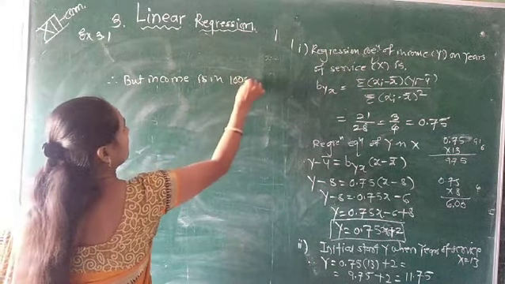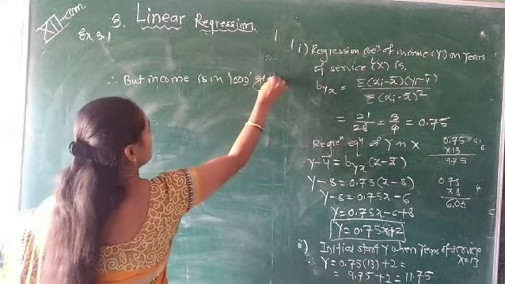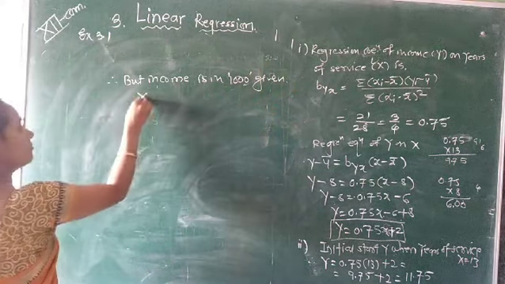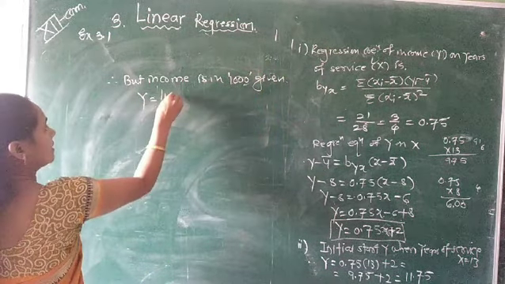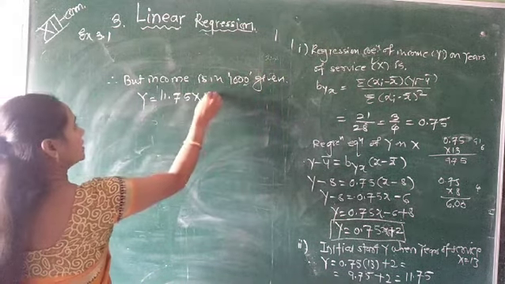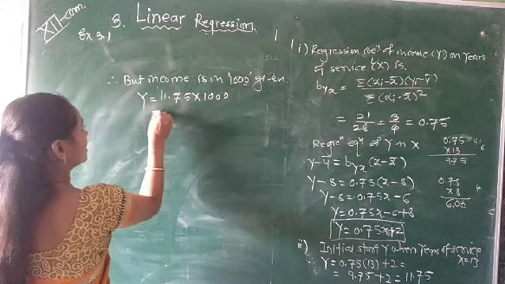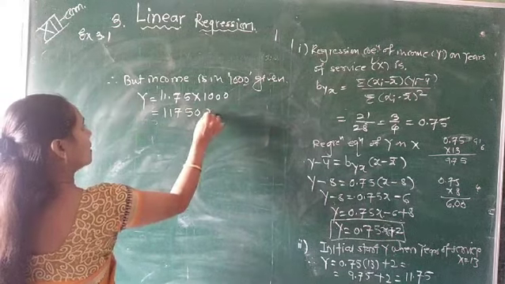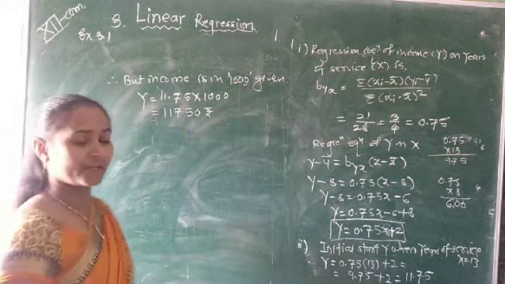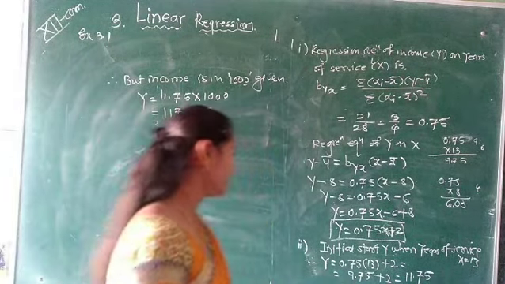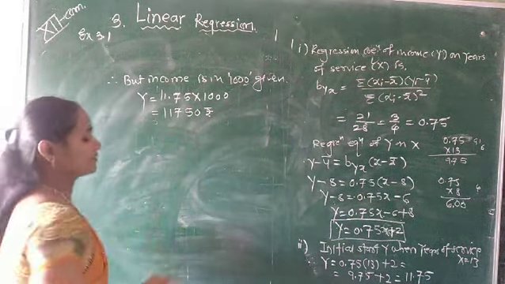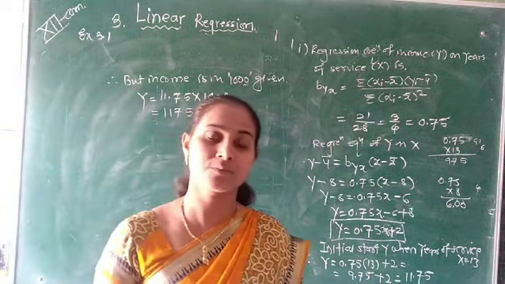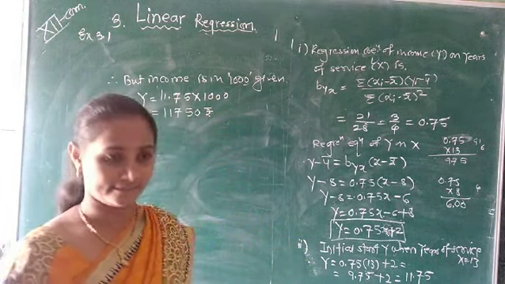Therefore, y is equal to 11.75 into 1000. Therefore, the income is 11,750 rupees. Therefore, if the initial salary is 11,750, then the years of service is 13.